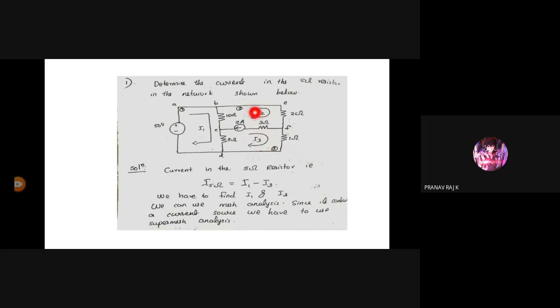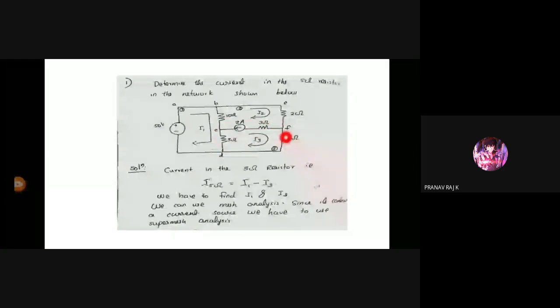When you are considering the 3 ohm branch, I have marked each of the nodes as A, B, C, D, E, F. I2 flows from F to C, and I3 flows from C to F. So both are opposite in direction, I2 towards the left side and I3 towards the right side.